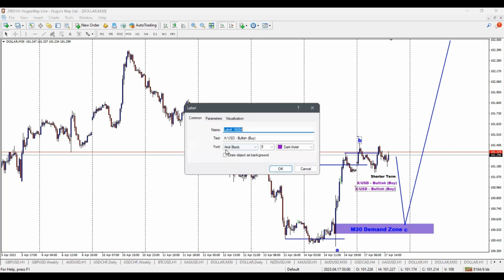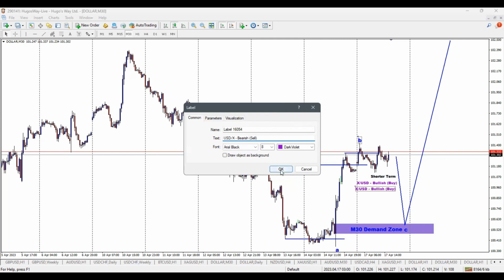On the other side of the story where the US dollar is the base currency, like this, it will be bearish in the short term because as the dollar loses strength, it means the US dollar itself will be weaker against other currencies. And this can be commodities too, like gold and silver, but I haven't really seen a USD gold. It's usually gold to the US dollar. All right, so we'll put here sell.